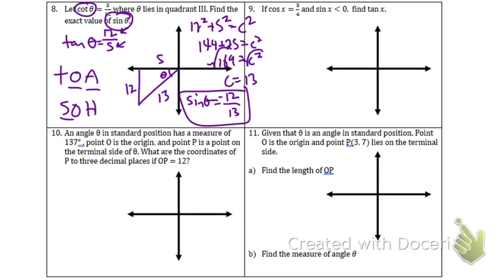Okay, if cosine equals 3/4, so in other words, cosine is positive, and sine is negative, find tangent. So sine is negative here and here. So sine is negative in these two quadrants.